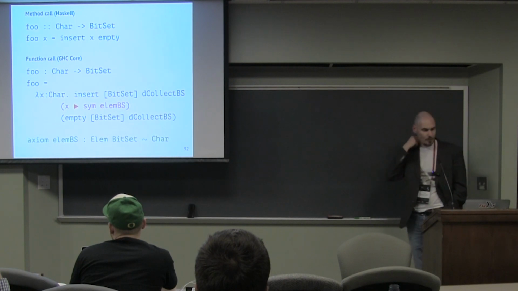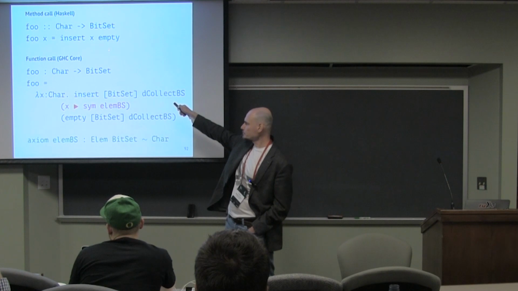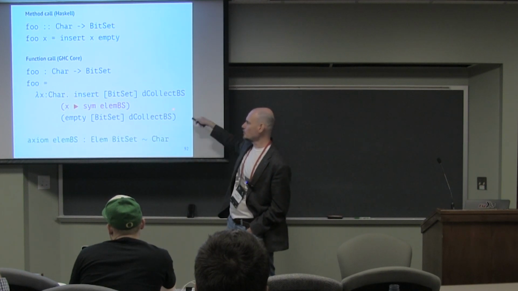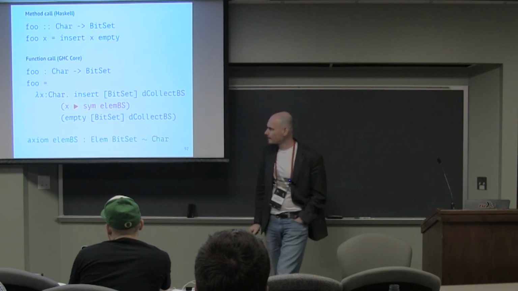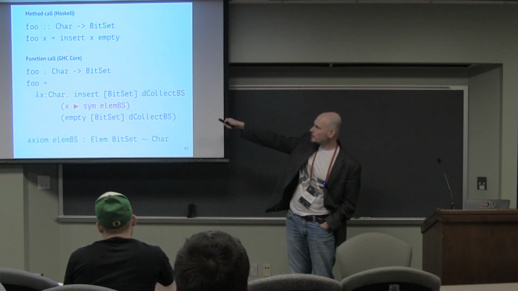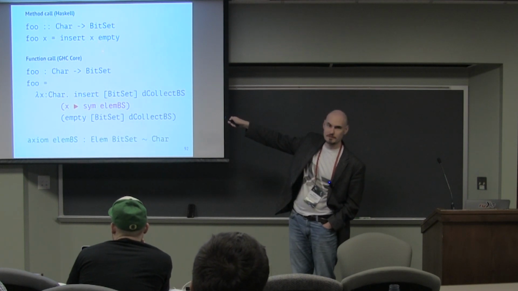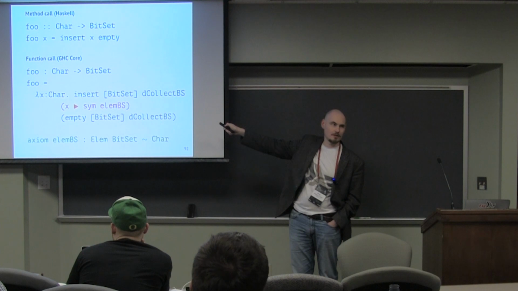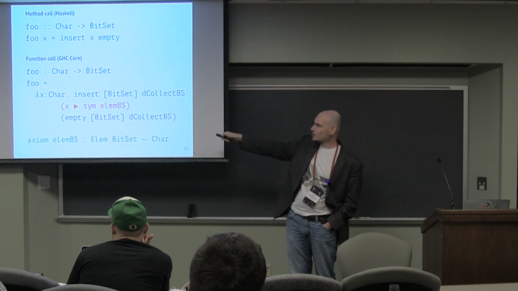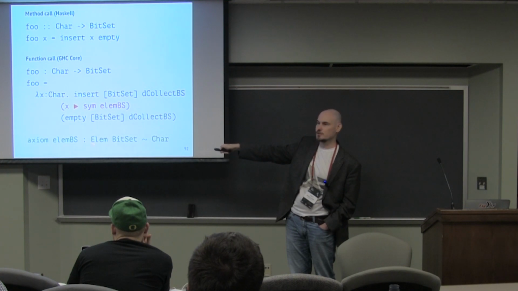And now how do we compile this code into GHC Core? This is our Haskell. And this is GHC Core in Haskell. And look, this additional argument. We have x, which clearly has type char, but we need not a char. We need LM of bit set here. And we can cast x, this char, to LM of bit set using this symmetry and using this axiom.